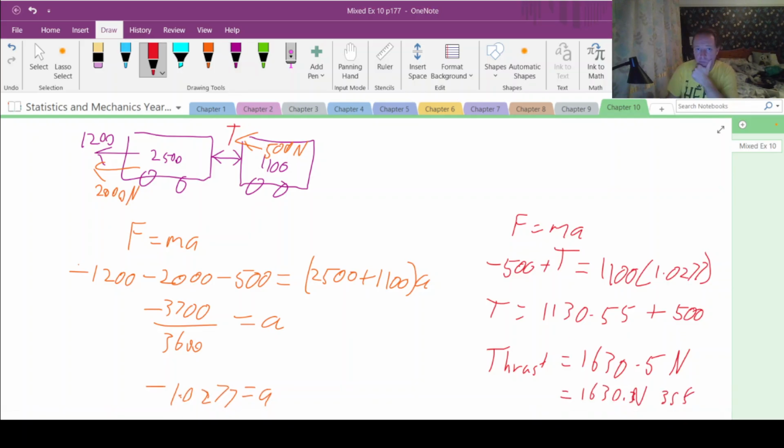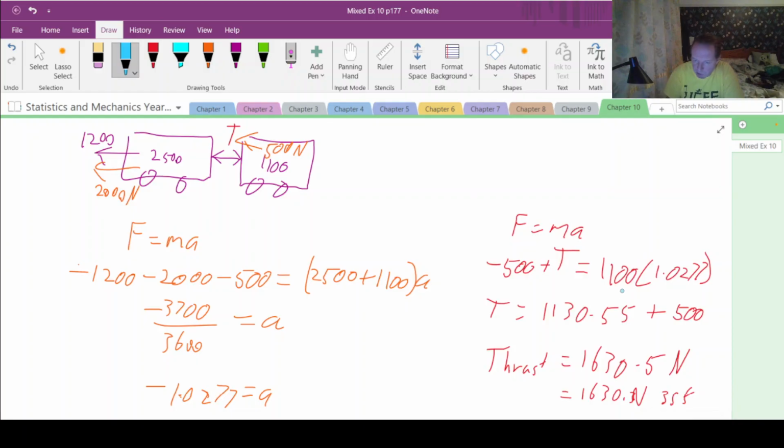Okay, I'll just check the back of the book and I can see I've made a mistake because the answer they've got is 630. Why is my answer 1,000 out? My answer is 1,000 out because I didn't bring my minus sign over.